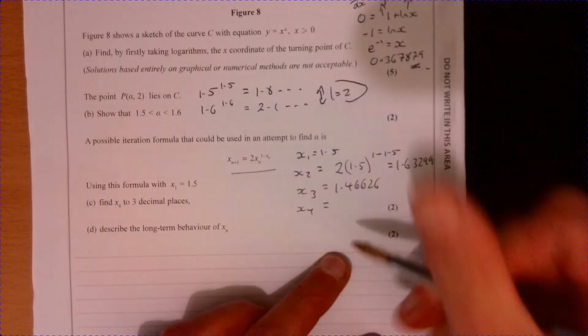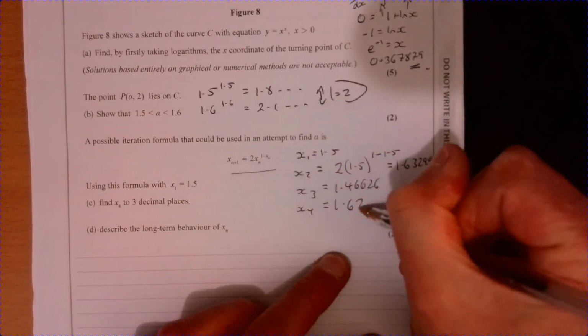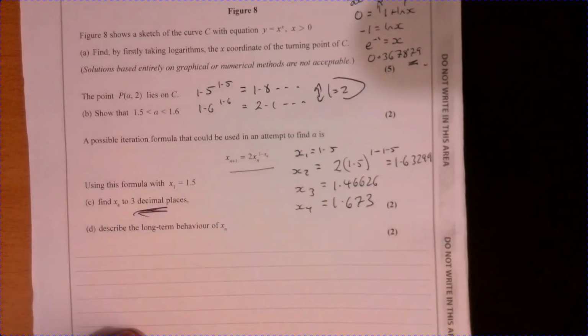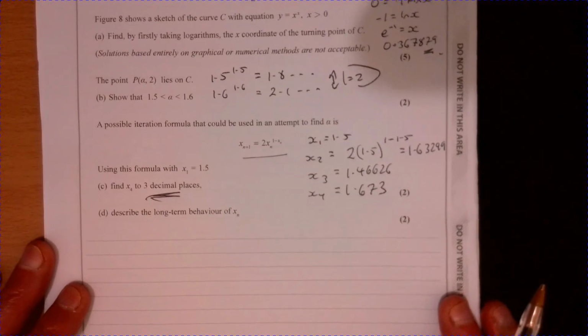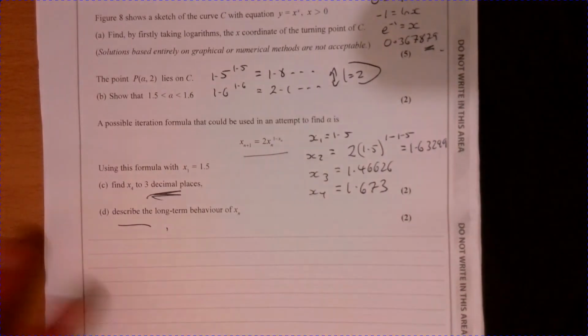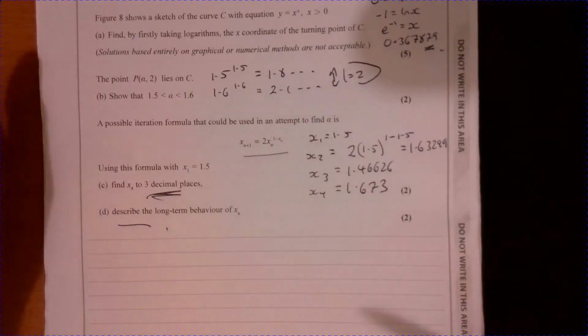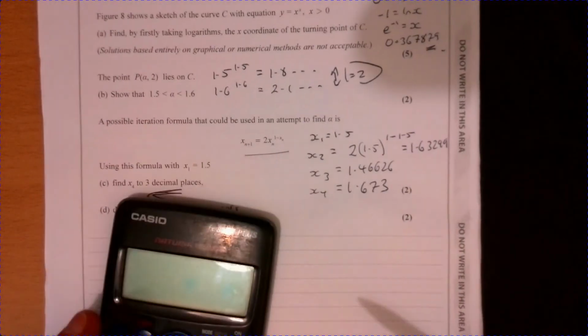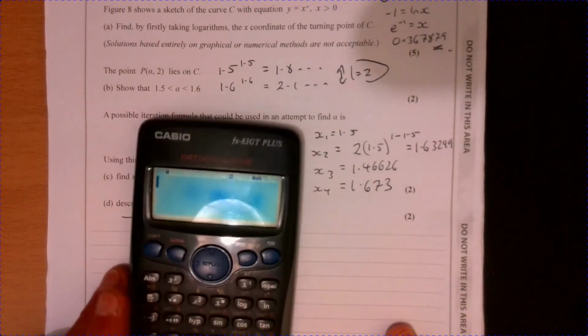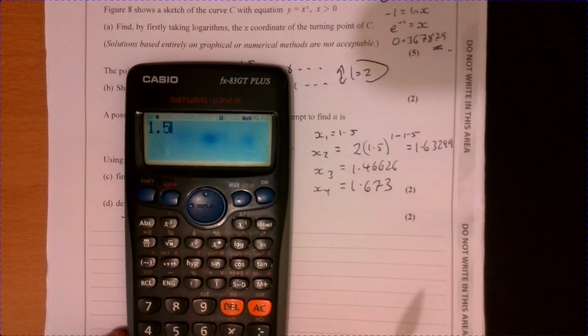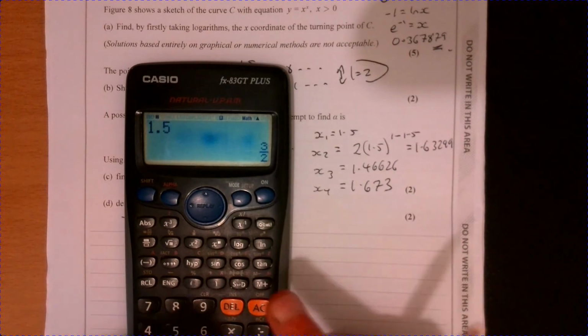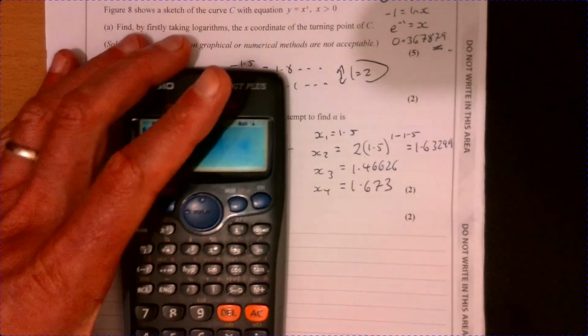Then 1.673, and make sure you give how many decimal places it actually says. The easiest thing is to set it up on your calculator. If you're not sure how, put in your first value, 1.5, and press equals. That value is now like our answer.